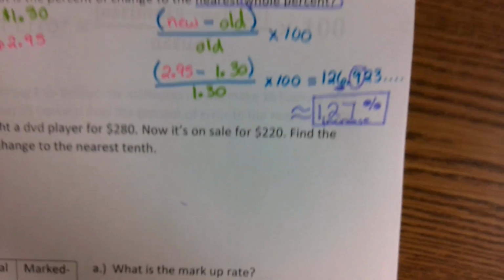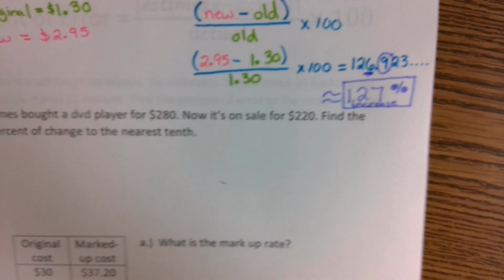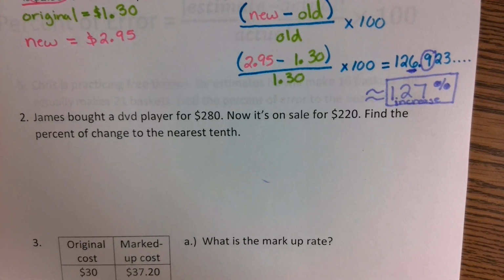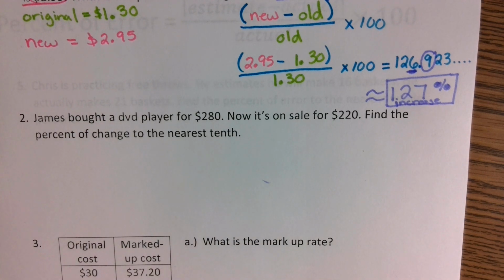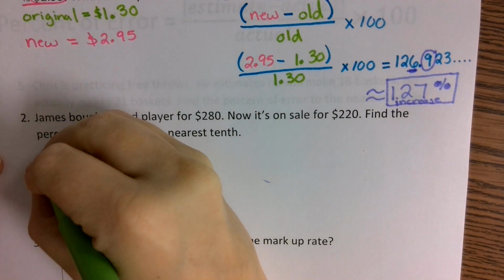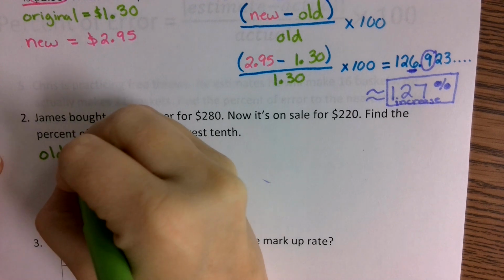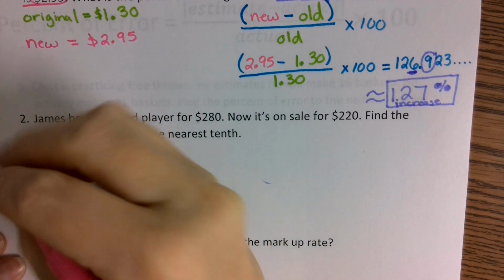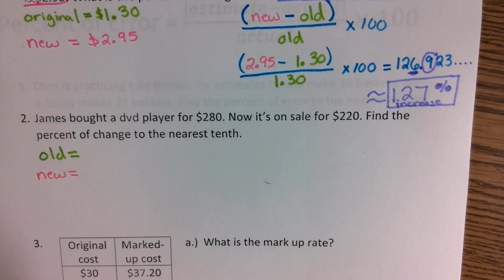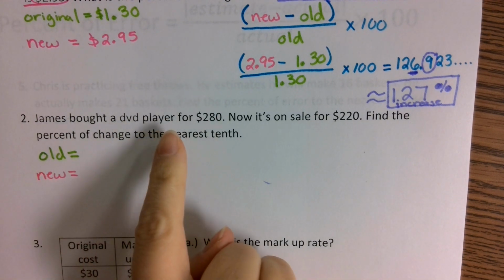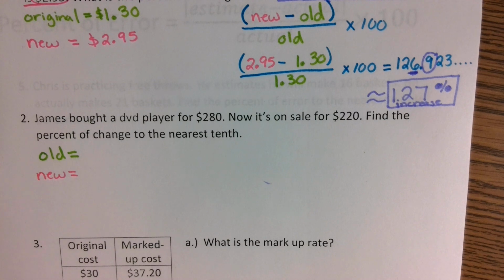All right, let's take a look at problem number 2. For problem number 2, again, we need to identify our old value and our new value. So let's read through the problem. James bought a DVD player for $280.